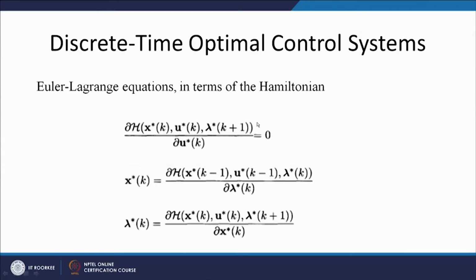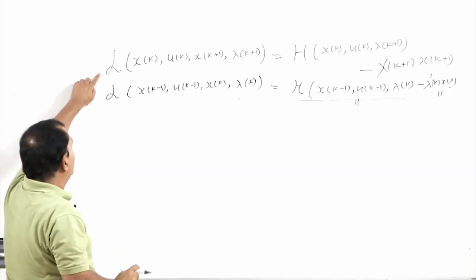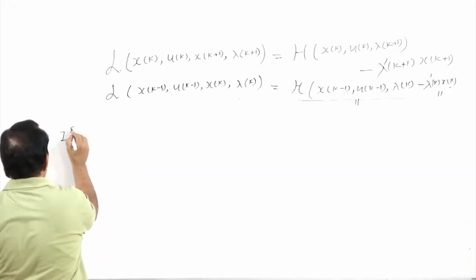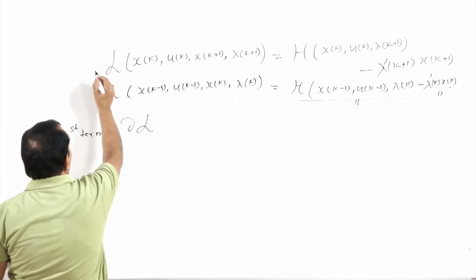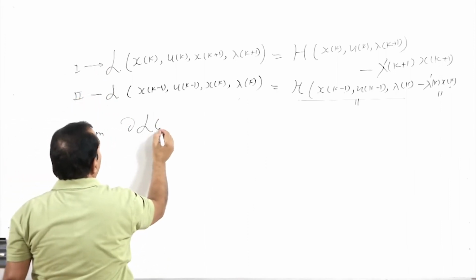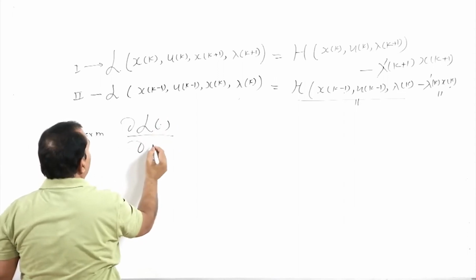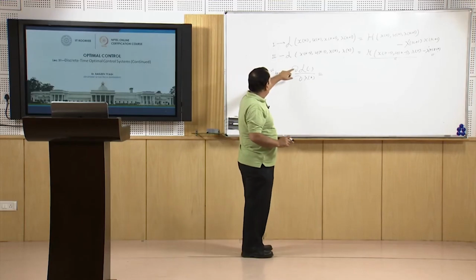So, by this I am getting my equation del h by del u with x k, u k, lambda k plus 1 equal to 0. Then I have my third equation as del L by del lambda k. So, this means I have to differentiate these two with respect to lambda k. So, from the first term, let us say this I am saying first, this I am saying second, del L by del lambda k, what will we get?